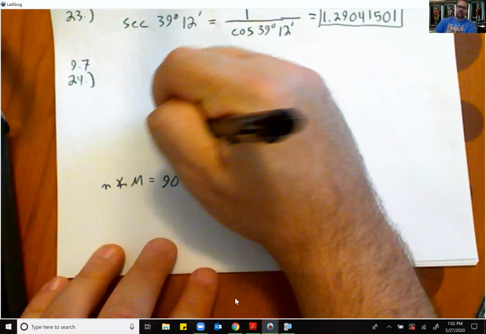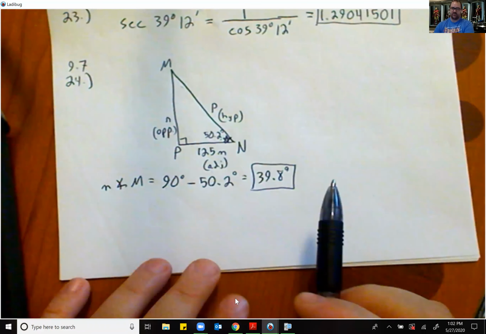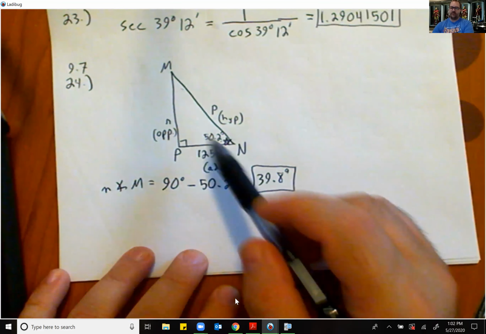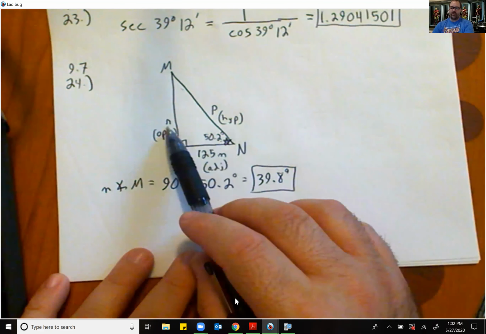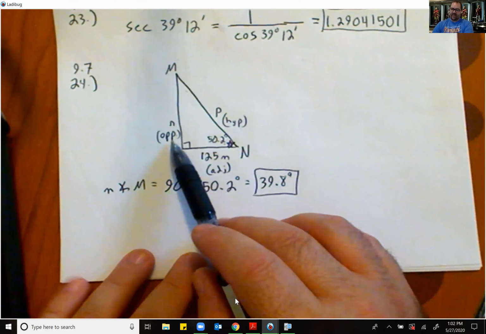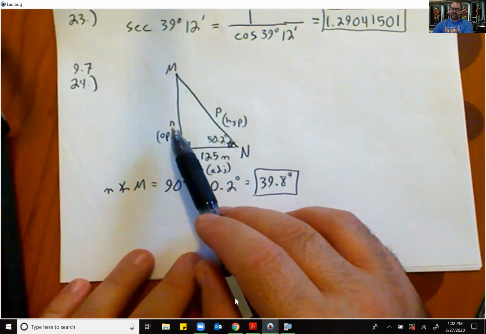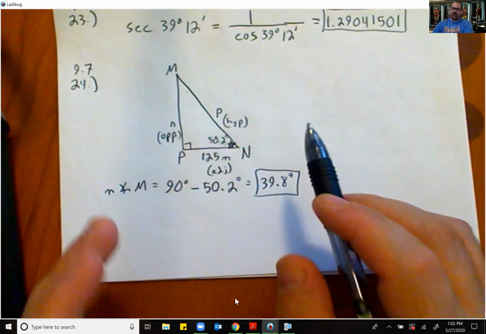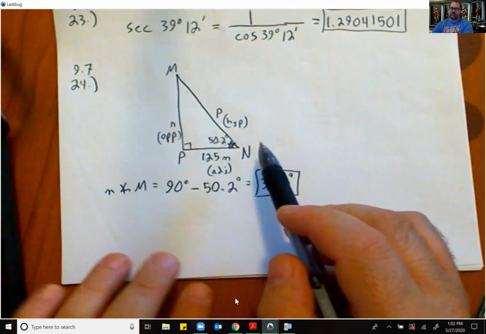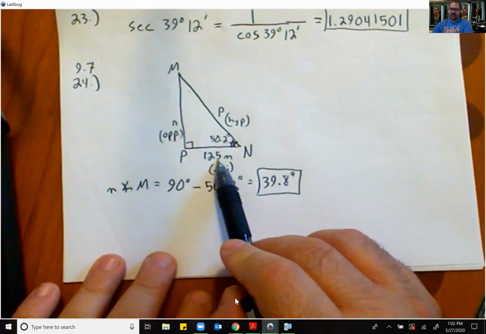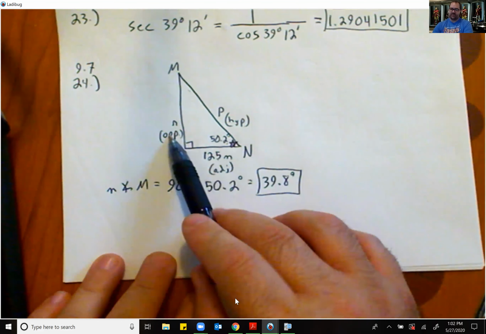So we're going to run SOHCAHTOA twice. Okay? So if I want to solve for N and I want to use the 125, I don't want to use P. That would be really silly. If I use N and P, that's 2 unknowns. I only need 1 variable in my solving. So I want to use N and the 125. So that's the opposite and the adjacent.